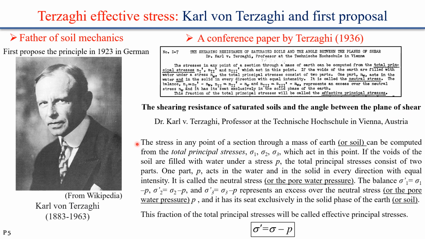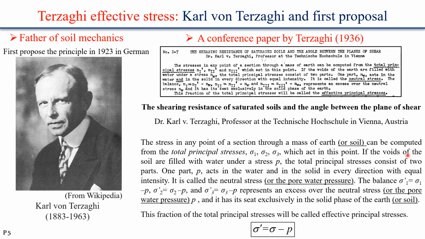In the very beginning of this paper, Terzaghi stated that the stress in any point of a section through a mass of earth or soil can be computed from the total principal stresses sigma 1, 2, and 3, which act in this point. That's the definition of the total principal stress.